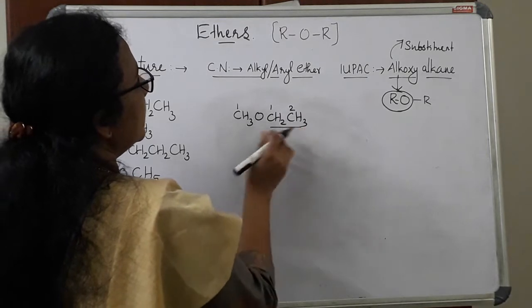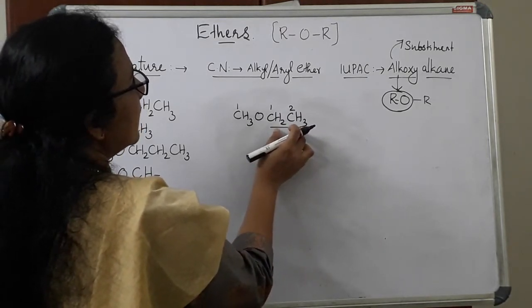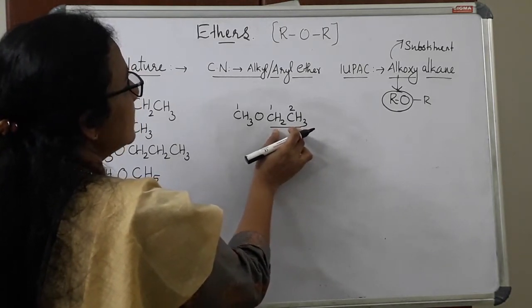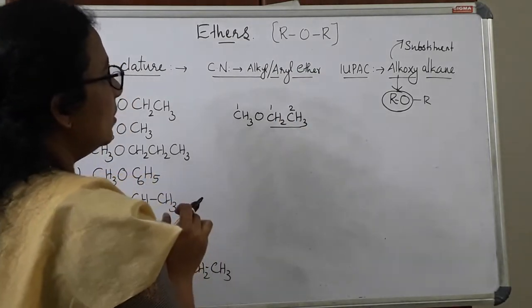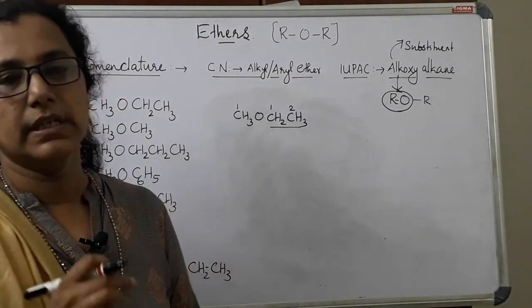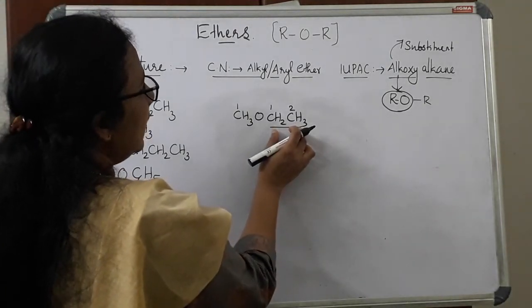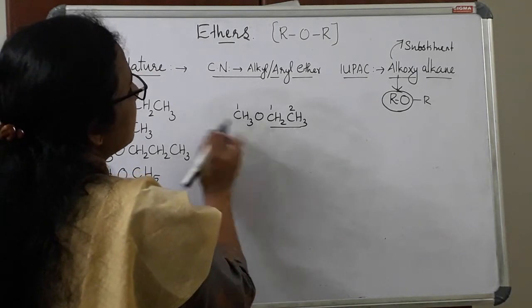So this will be the longest alkyl group and this is considered as the alkane. So the alkane part is taken where there are more carbon atoms in the alkyl group. So this will be the alkane part and this part will be considered as the alkoxy part.